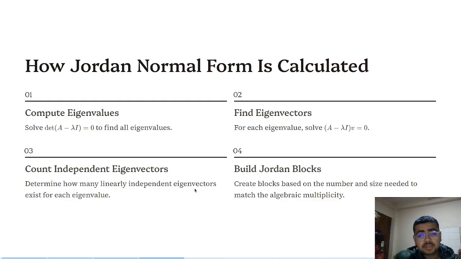Depending upon the eigenvalues, we can also get the eigenvectors. Don't worry, the example will be shown in the next slide. So we get the eigenvalues, we get the eigenvectors, and depending upon how many independent eigenvectors there are, the Jordan normal form is formed, and that form is made of Jordan blocks.